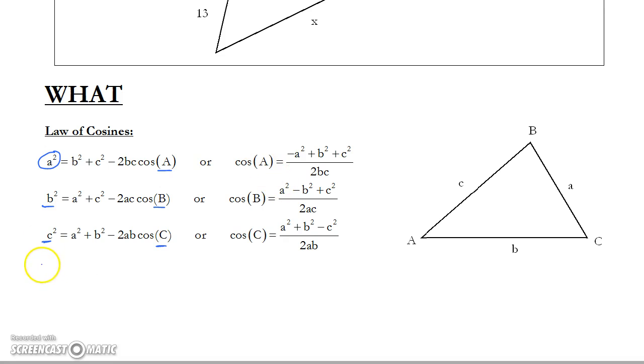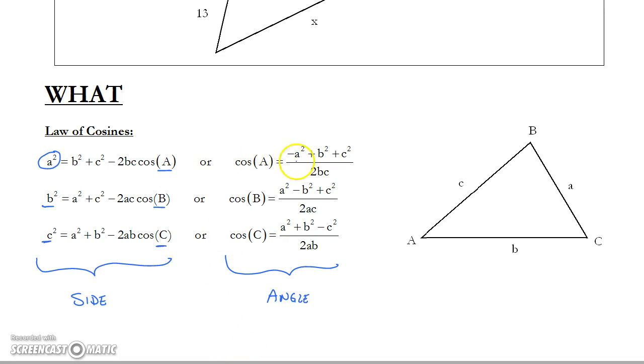If you're solving for a side length, you're using one of these 3 formulas. If you're solving for an angle measure, you're using one of these 3 formulas. In addition, if you're solving for an angle measure, at the end you're going to have to use your inverse trig function.